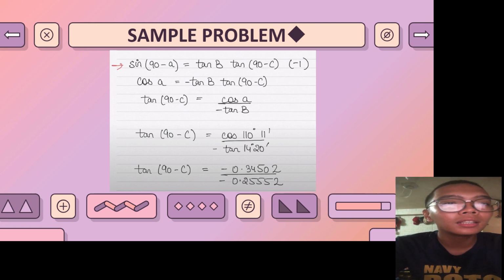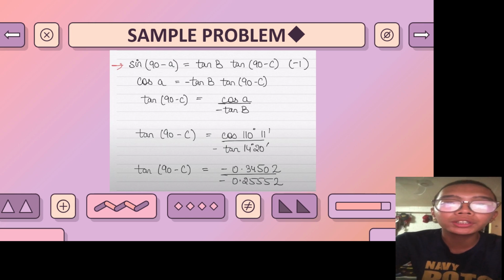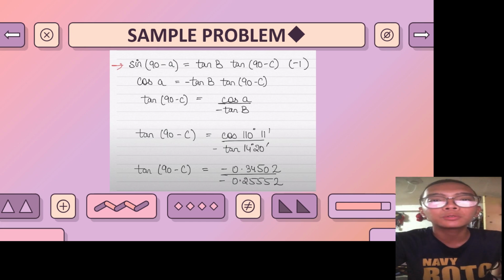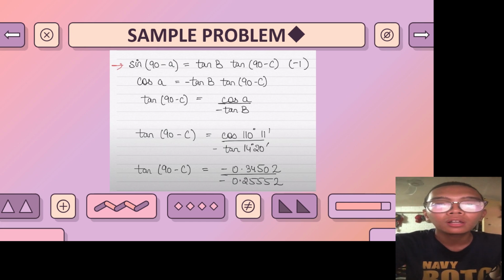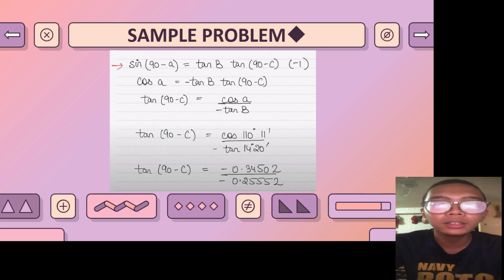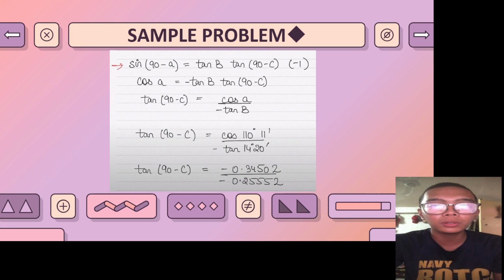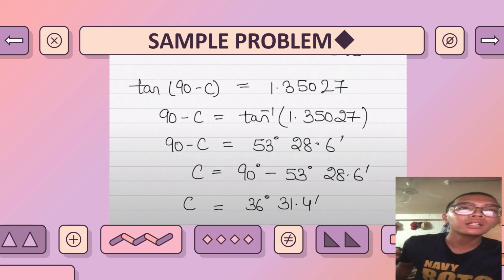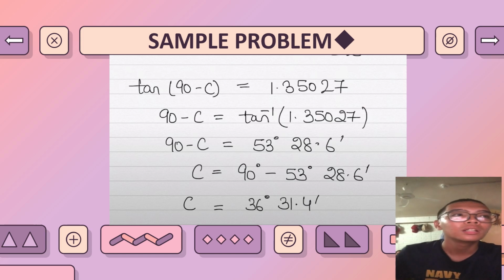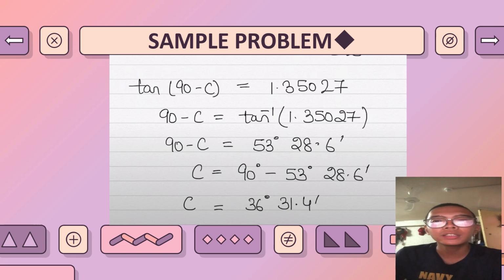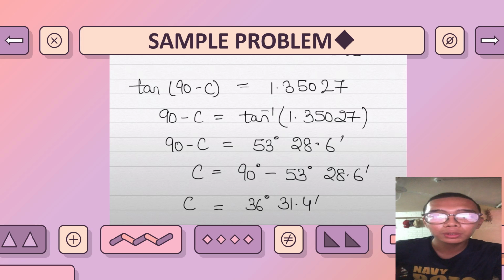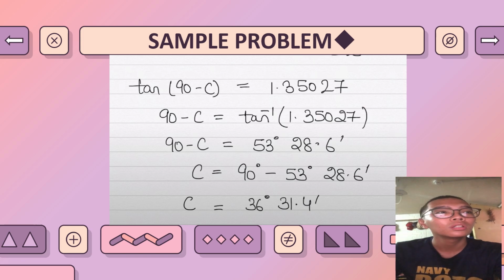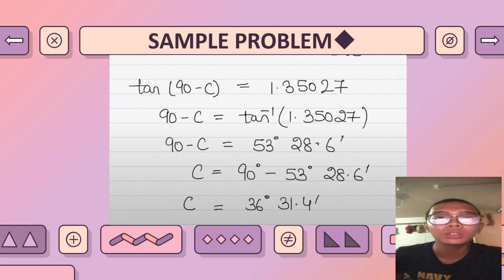So we have tan of (90 minus C) is equal to the cosine of 110 degrees 11 minutes, which is negative 0.34502, divided by the negative tan of 14 degrees 20 minutes, which is negative 0.2552. Next, tan of (90 minus C) is equal to negative 0.34502 divided by negative 0.2552, which is 1.35027.